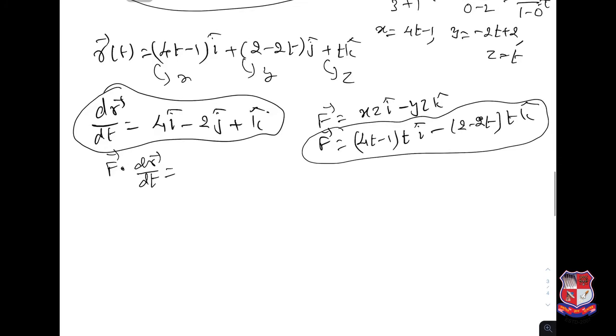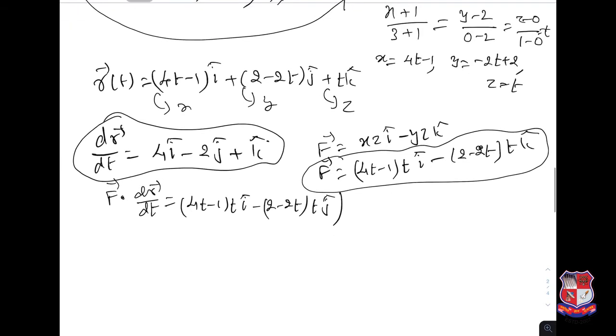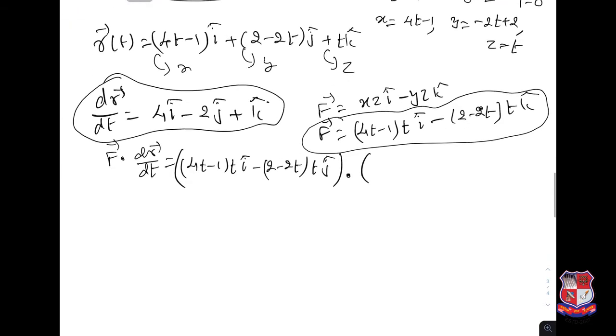So f dot dr by dt is (4t minus 1) t i minus (2 minus 2t) t k, dotted with 4 i minus 2 j plus k.